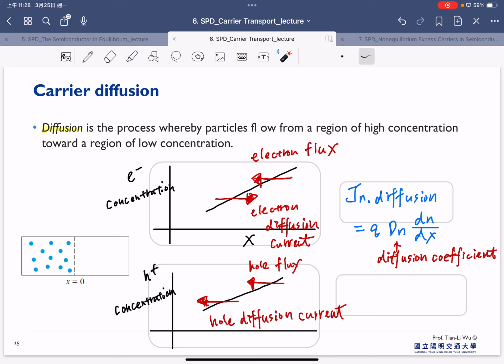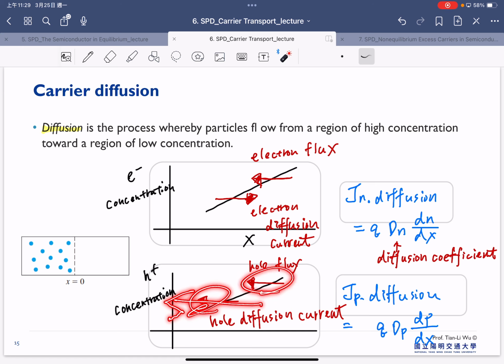But if you now look at the case of the hole diffusion, that is equal to, again, the same q Dp dp/dx, the hole concentration gradient. But the problem is now the holes are flowing towards the negative direction, the same as this.